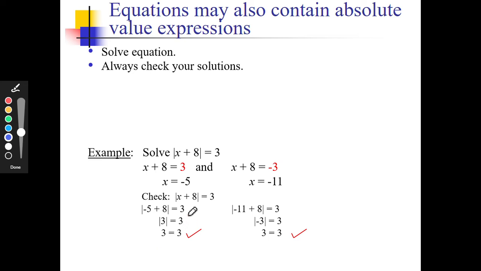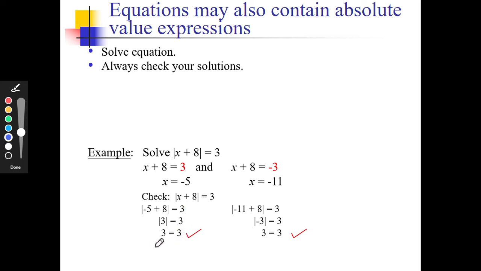Now the 3 that is on this side, we know where it is coming from. It is coming from right here. So that's the reason we have 3's on this side of the equation.